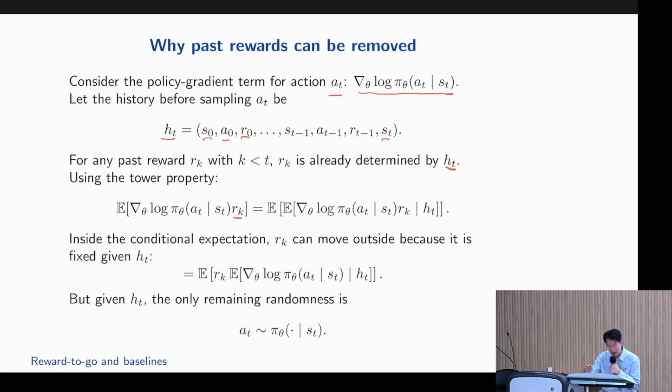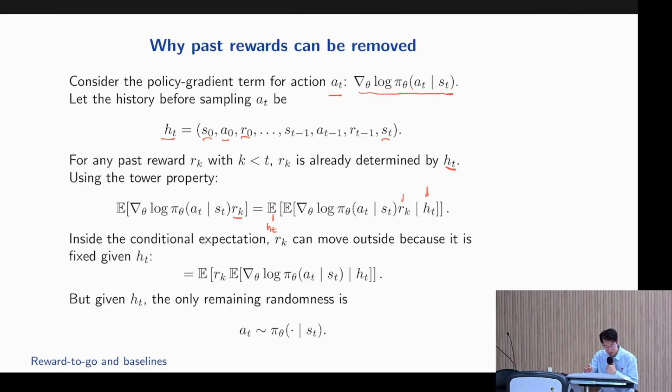So by the tower property, just to make it explicit, this first expectation is over the random variable HT. If you condition on HT, RK is fixed.